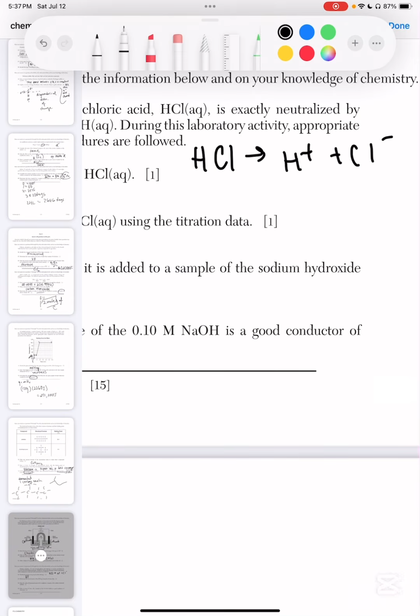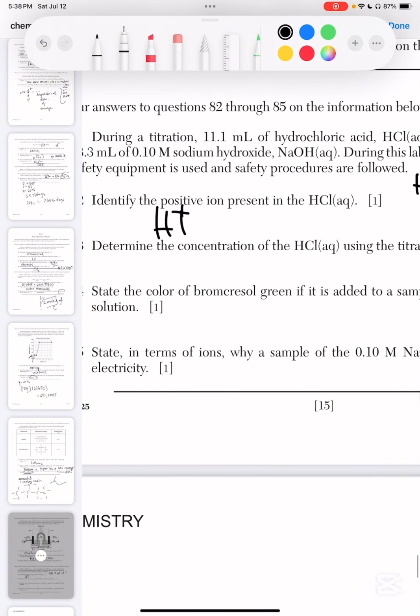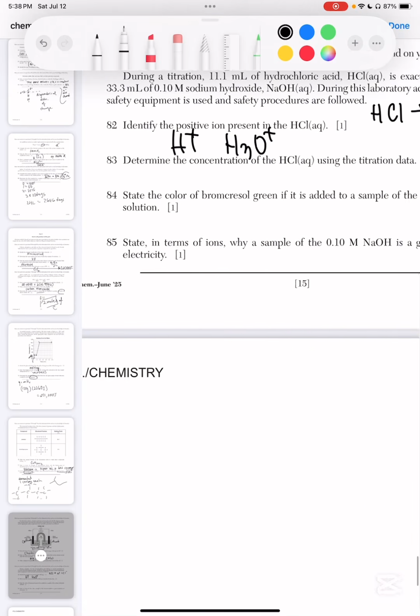And hydrogen is pretty special, right? Hydrogen can be the positive ion, or it can be the negative ion. It can be the cation or the anion in a compound. But in this case the hydrogen is our positive ion, so it's the hydronium. Well, I didn't write H3O, I wrote H+. Or you can say H3O+, hydronium ion, or whatever.